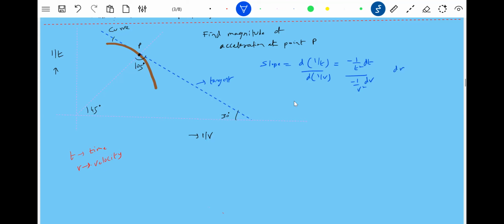Finally, dv by dt I can write as the reciprocal of the slope into v square by t square. What is the slope here? tan 30, v square by t square.